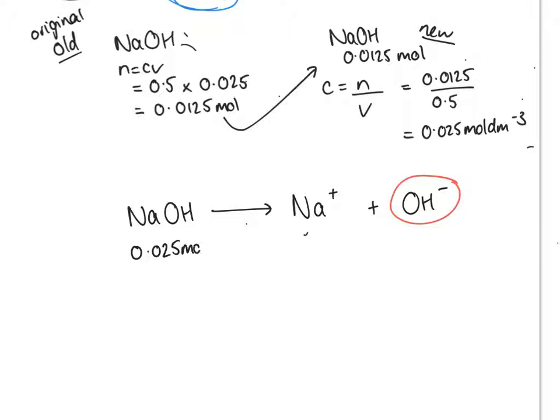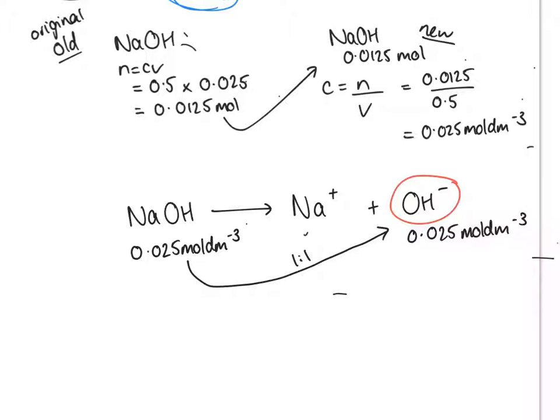So if I have a concentration of 0.025 moles per decimeter cubed of sodium hydroxide, that means it's going to dissociate to give me a concentration of 0.025 moles per decimeter cubed of hydroxide ions in solution.